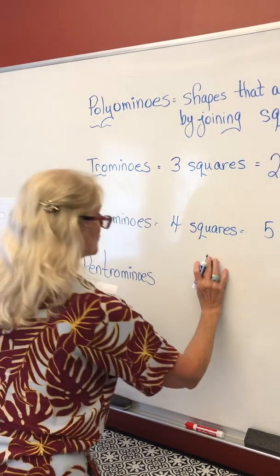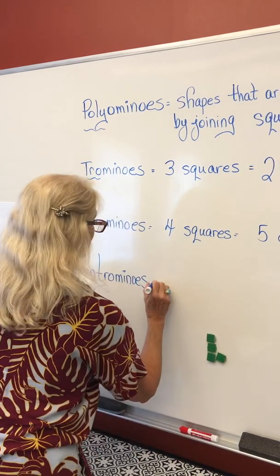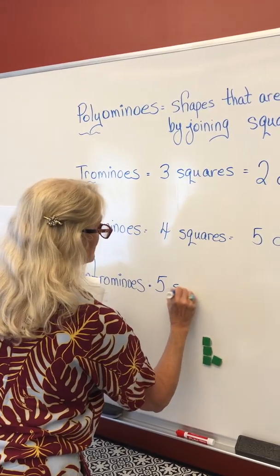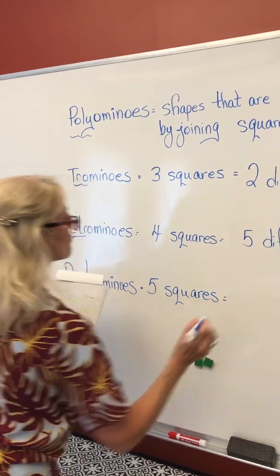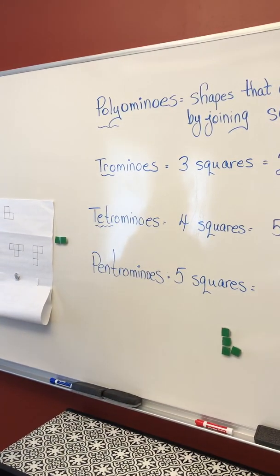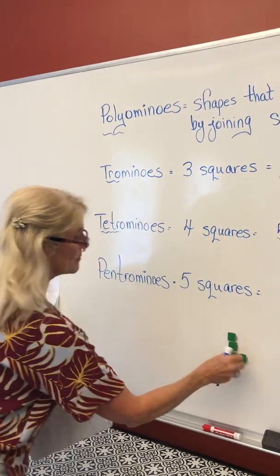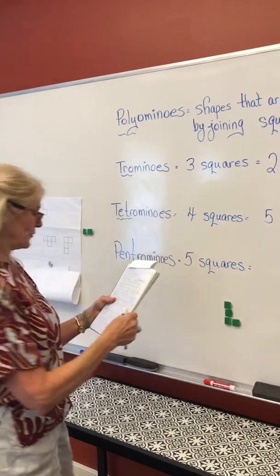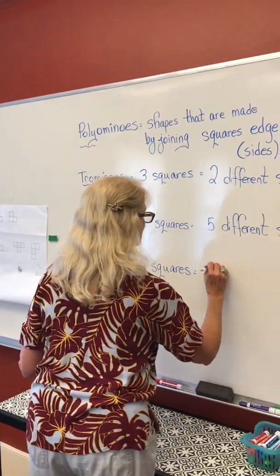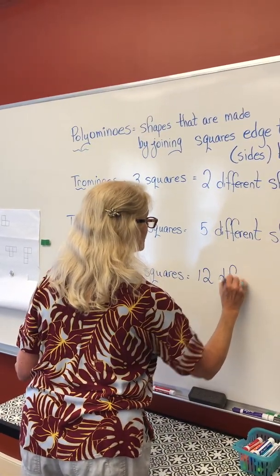All right, and I'm going to move these down a little bit. And those are 5 squares we're going to put together. And I'll have to tell you, we're not going to do all of those today. This is going to be a little exploration for you to do on your own. But see if you can find tonight 12 different shapes.